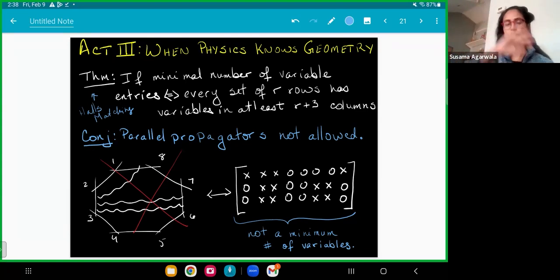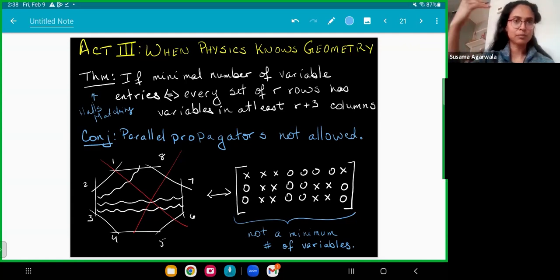It's old, used in optimization and all sorts of graph theoretical problems as well. But it follows from Hall's matching theorem and the structure of these matroids that my matrix here has a minimal number of variable entries if every set of R rows has at least R plus 3 columns.